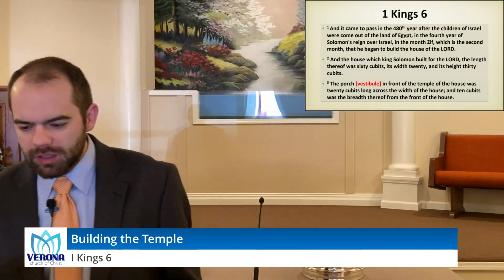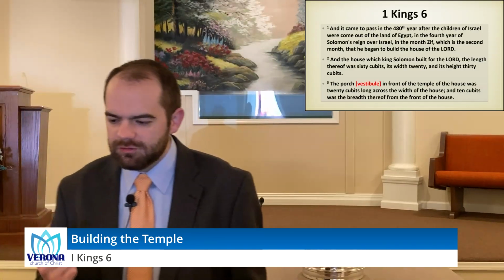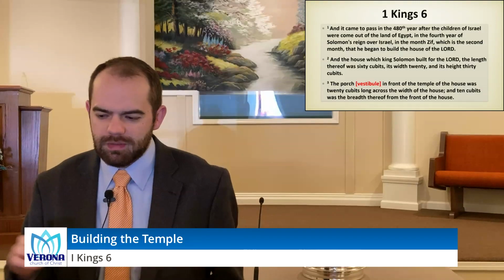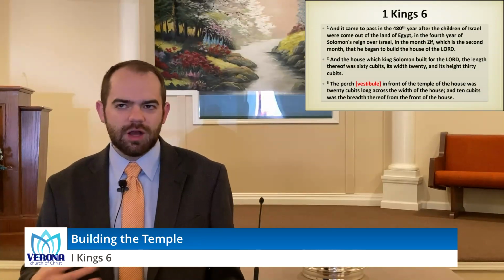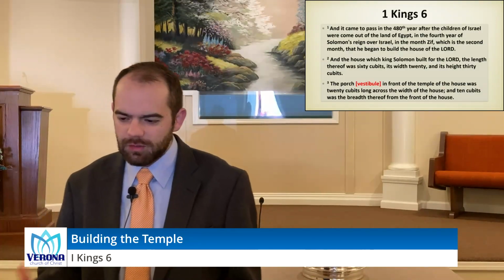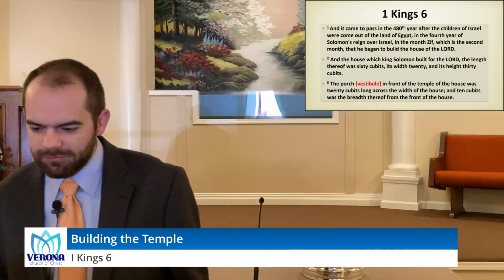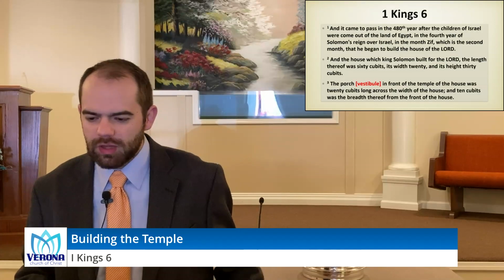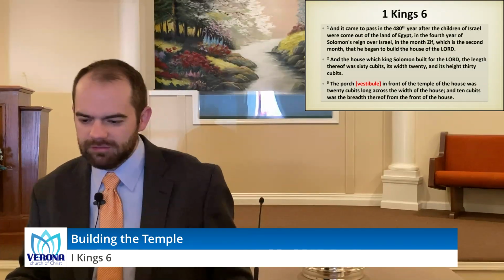But the reason why I bring all that up is because historians of antiquity have been able to date when Solomon's reign as king began, which was somewhere around 974 to 980 BC. And they've been able to do that because of various artifacts that they found.